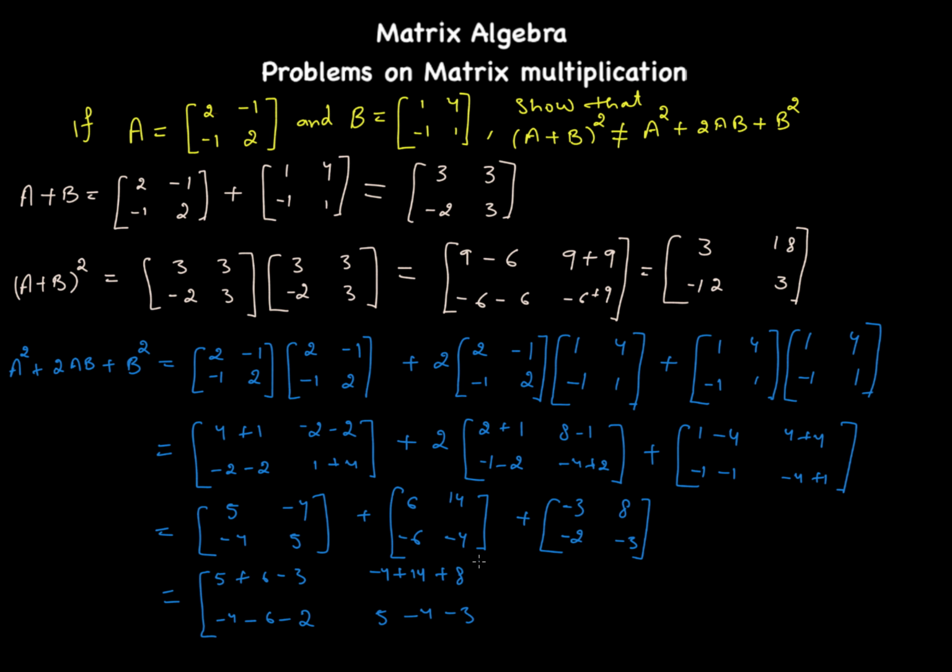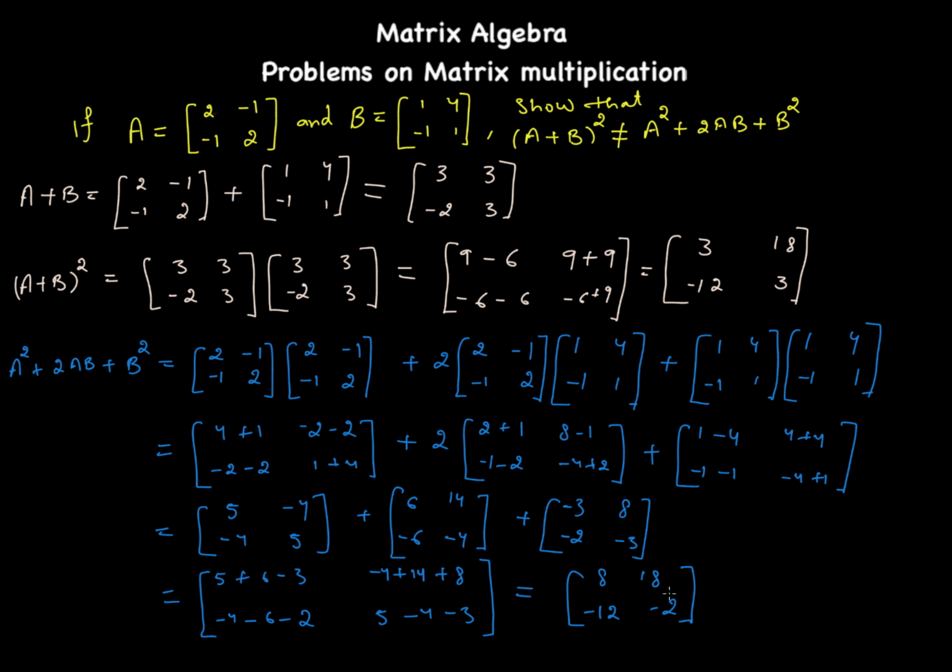Okay, so this gives me a 2 by 2 matrix, which is 8 and 18, and here I got -12, and here I got -2.